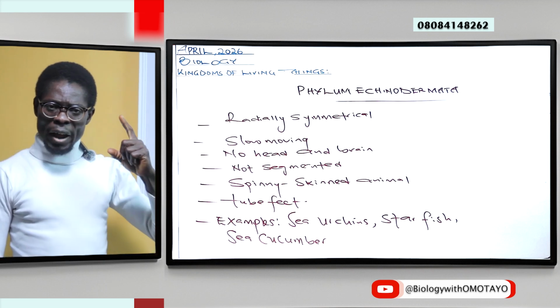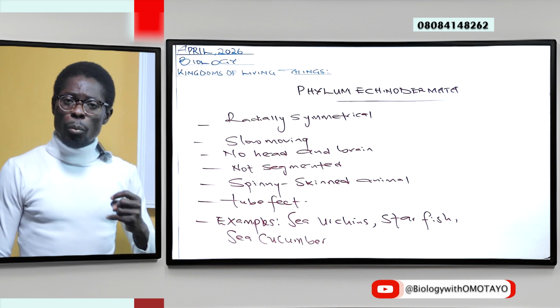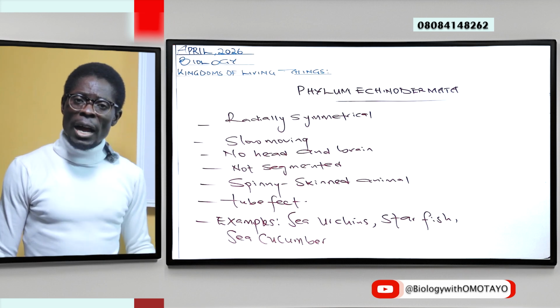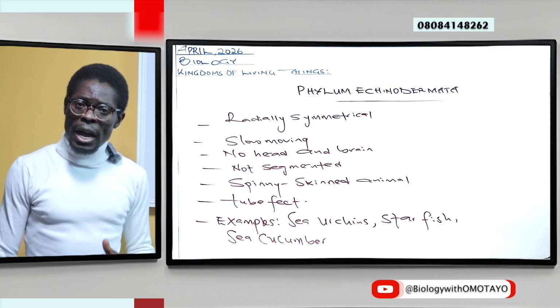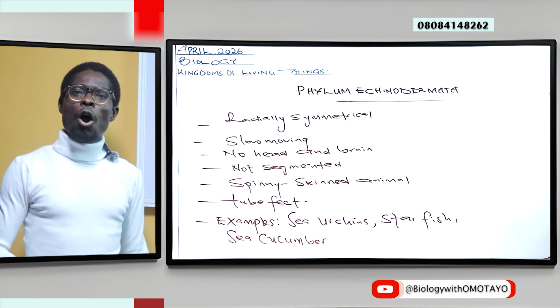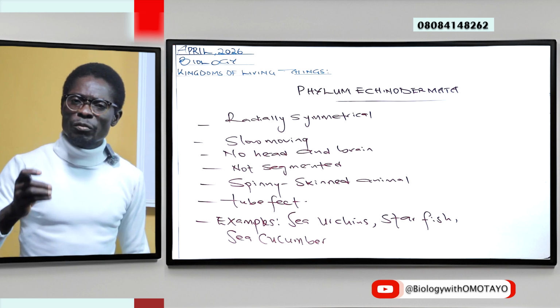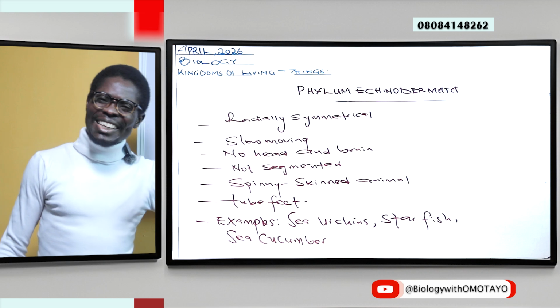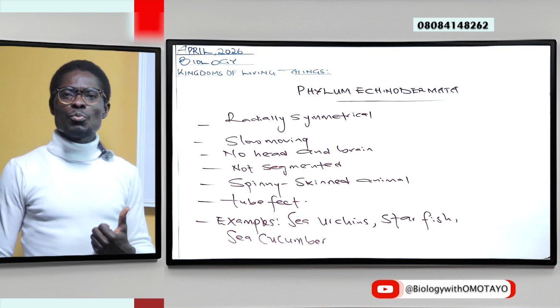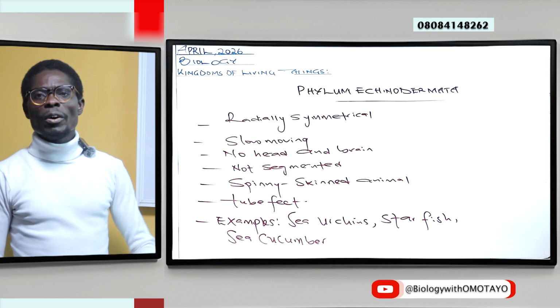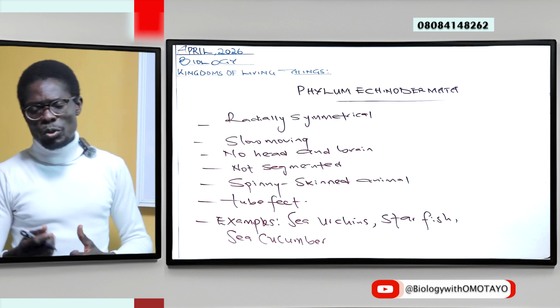Remember, phyla 1 to 8, Porifera, Coelenterata, Platyhelminthes, Nematoda, Annelida, Mollusca, Arthropoda, to Echinodermata, are all made up of invertebrate organisms. So we'll be moving on to the 9th phylum, Chordata, made up of vertebrate organisms.